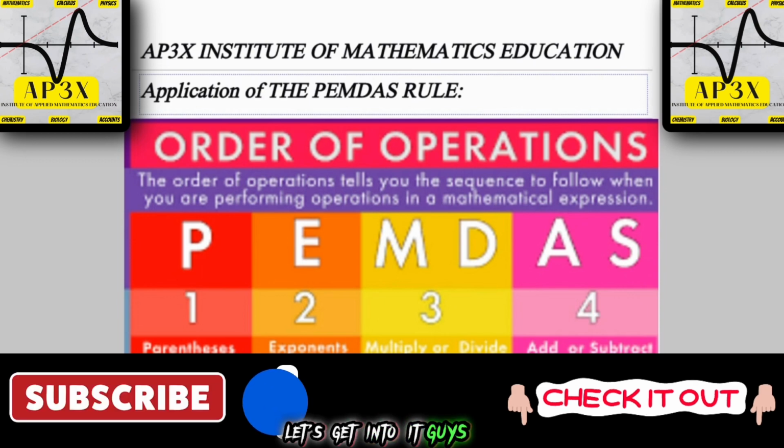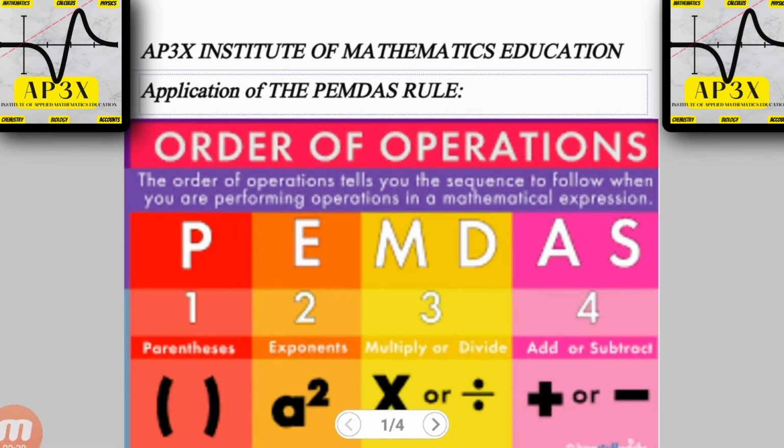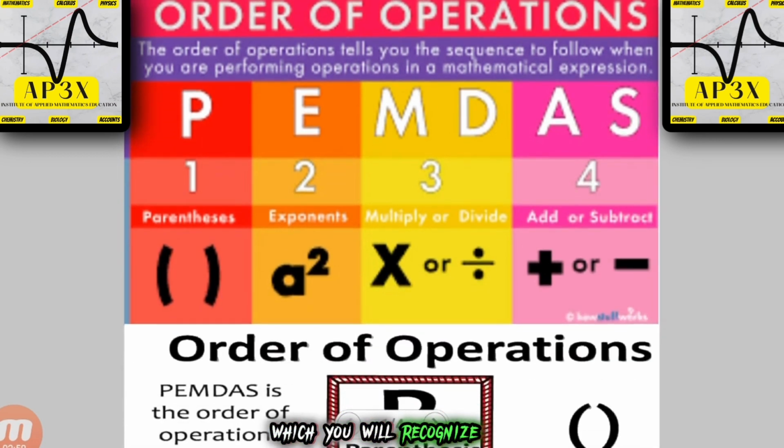Let's get into it, guys. So as you're seeing here on screen, the order of operations tells us, or tells you, the sequence to follow when you are performing operations in a mathematical expression. And so we use the mnemonic PEMDAS, that is P standing for parenthesis, which you will recognize looks something like a curved bracket, okay?